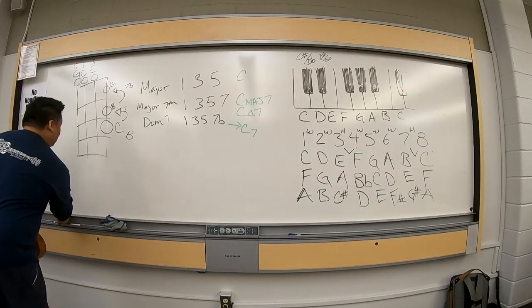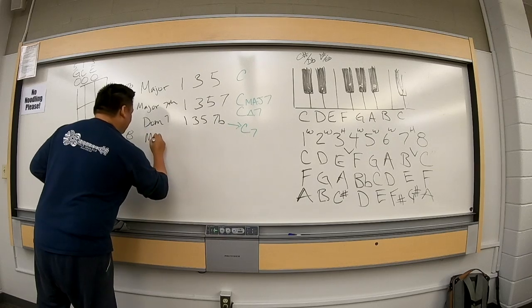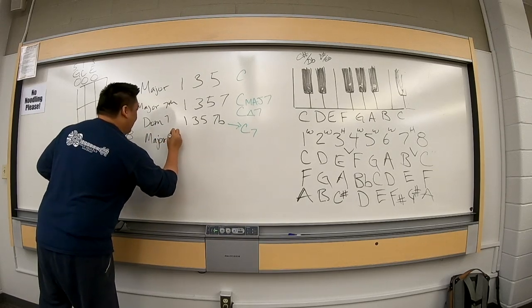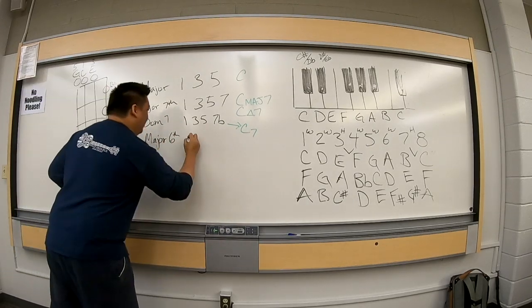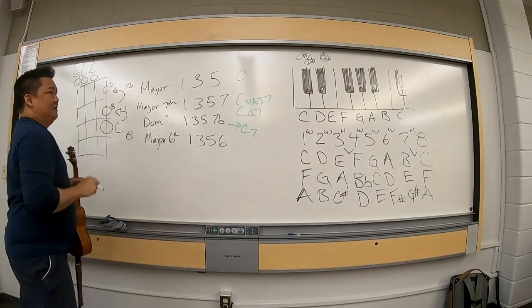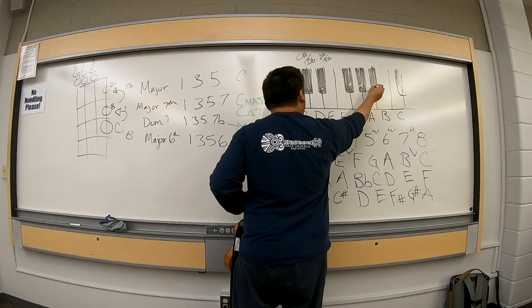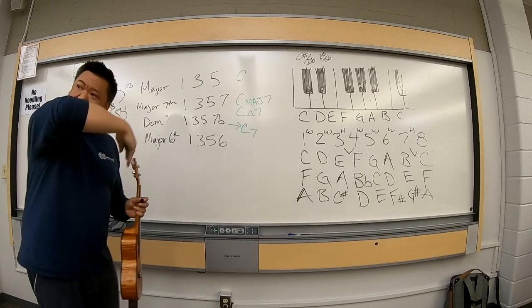So I asked for a major 6 chord. So we said 1, 3, 5, and 6. If I have a flat 7 note on my B flat here, what's my 6? A half step down, right? A flat 7, half step down to a 6. Does that make sense? Yeah.